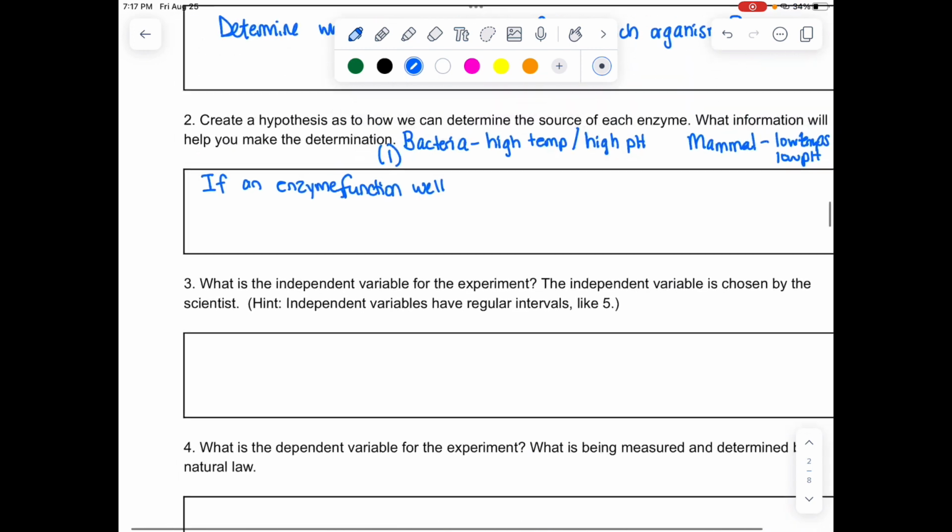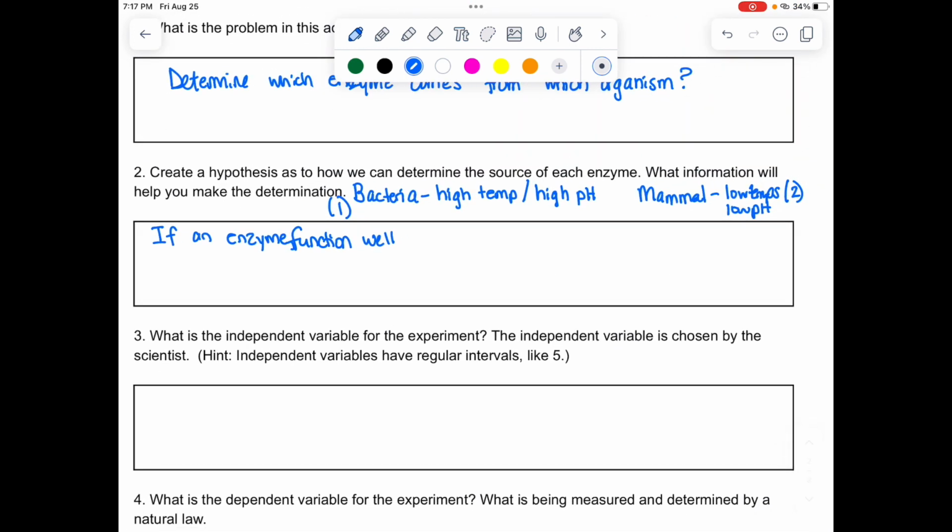So when we look at our hypothesis, if an enzyme functions well at high temperatures and a high pH, then that enzyme is from the bacteria.